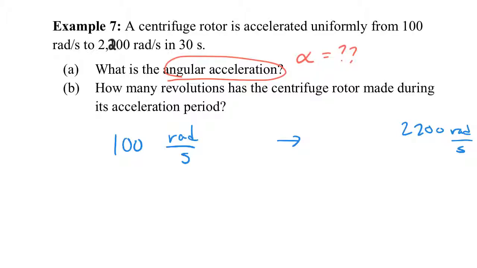Which of our Greek symbols was radians per second? Omega, very good. If it starts at 100, let's call that omega initial. If it ends at 2200, let's call that omega final. So it's starting at 100 and ending at 2200, and our time period is 30 seconds.